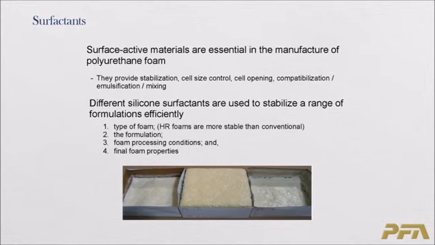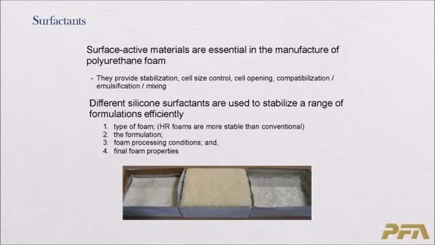We'll talk about that a little more in a minute, but just like there's a whole variety of polyols out there, there's a whole variety of silicone surfactants that are all tailored to the type of foam you're making. If you use the wrong type or too much of a surfactant, you can either not get the foam to stabilize or get collapse. So you need to choose the right surfactant and the right level of surfactant for the foam that you're making.